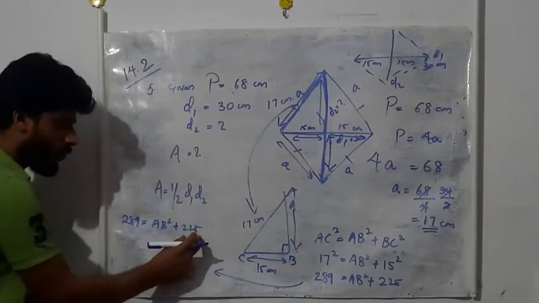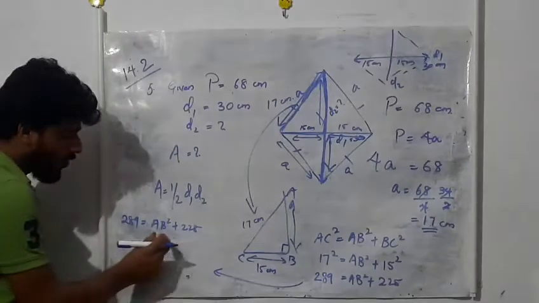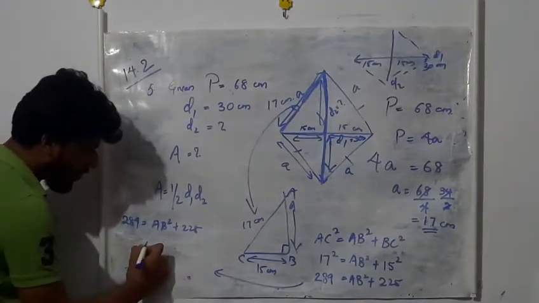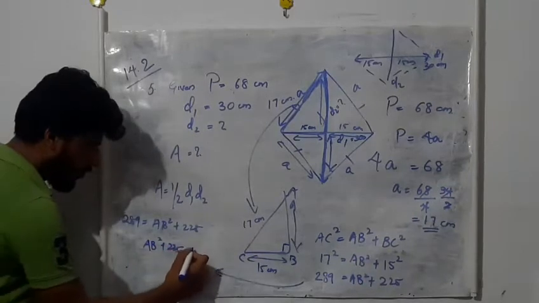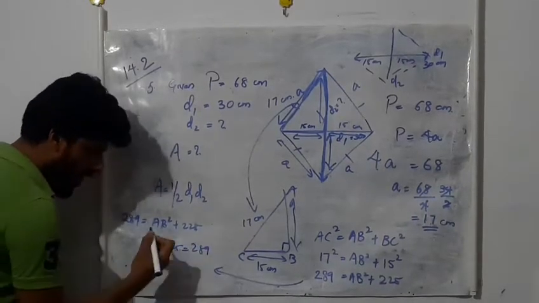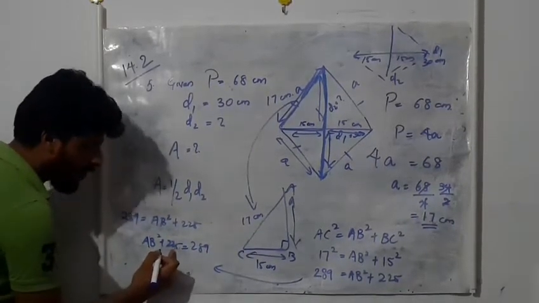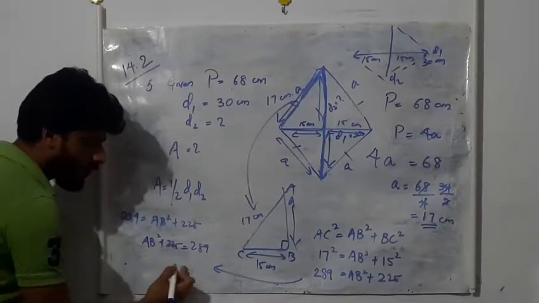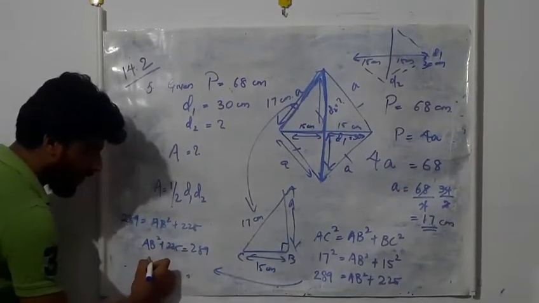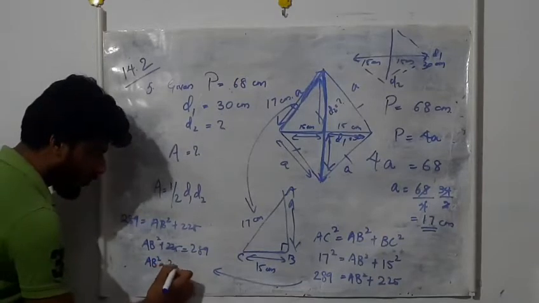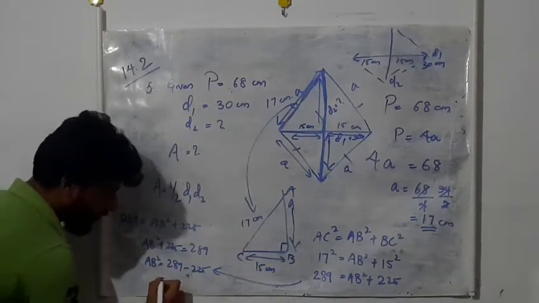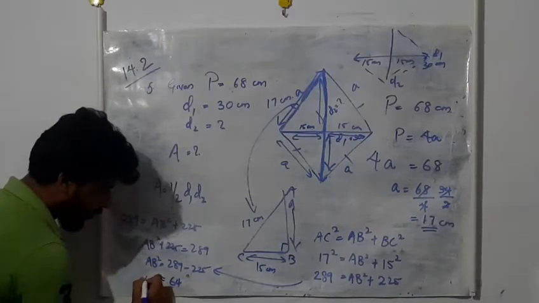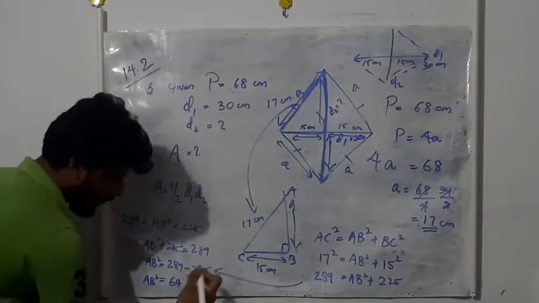I am moving this 225 to the other side of the equal sign in order to get the value of AB square. So AB square plus 225 equals 289, and on reversing the equation, the positive 225 moves to the other side and becomes negative. Then AB square equals 289 minus 225, that is 64.